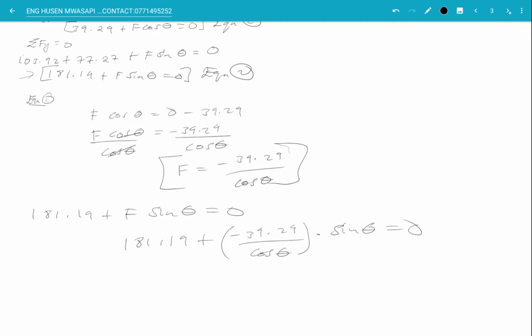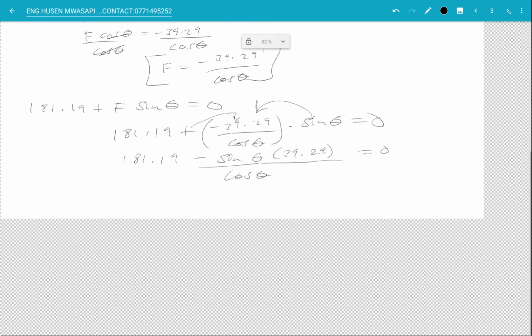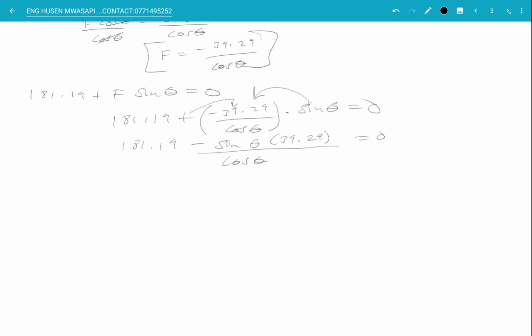And this is equal to 0. So basically the positive is the one that's going to multiply this, and you end up with a negative. When the sine multiplies that, you have 181.19 minus sin theta over cos theta times 39.29, equal to 0.